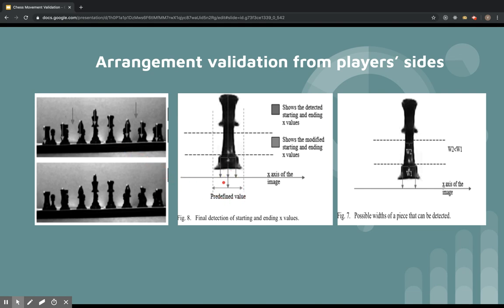In figure 8, you detect the width of each of the pieces by detecting the starting x value and the ending x value, subtracting them from one another, and getting the average to get the line in the middle. That shows that it is a piece that is detected. And on the right, you can see the difference in the height.